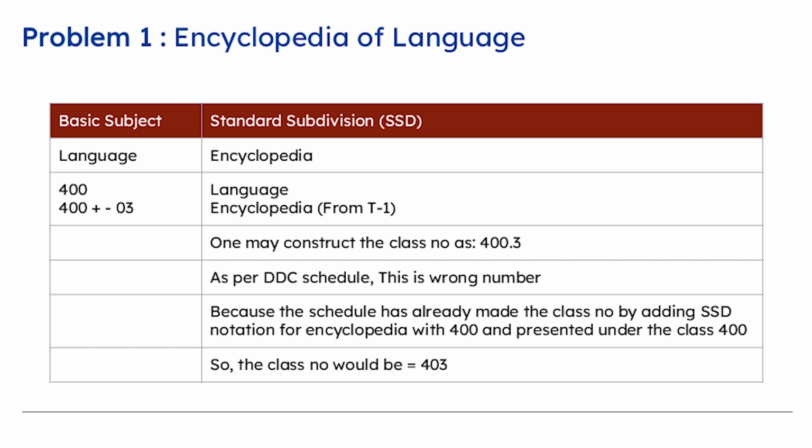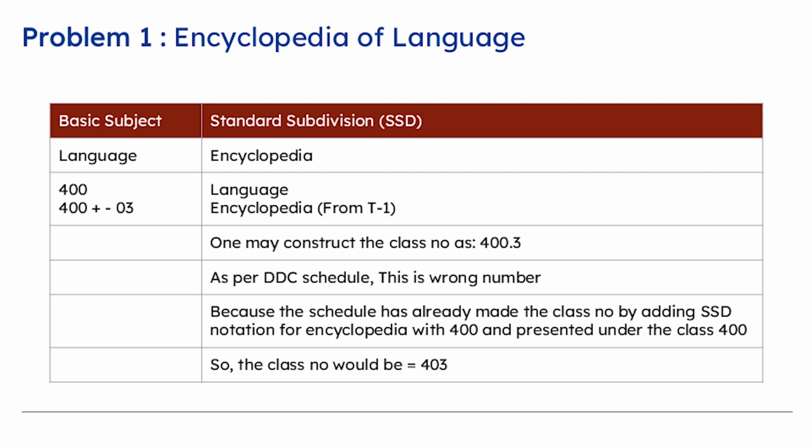Because the schedule has already made the class number by adding the standard subdivision notation for encyclopedia, 4003 is a wrong number, because Dewey Decimal Classification has prepared the class number by adding the standard subdivision notation for encyclopedia with 400, and thus it can be presented under the class number.